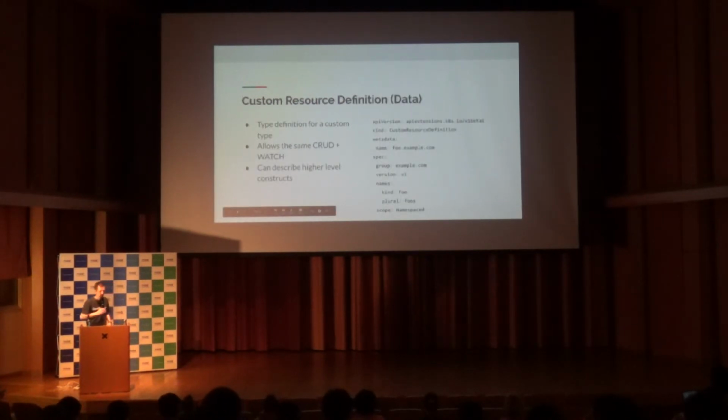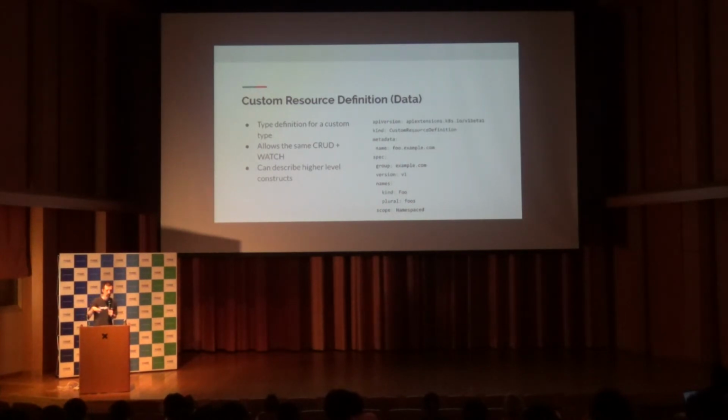So Kubernetes has built into it something called a custom resource definition. What this does is allow you to create a resource definition, which is essentially a new type in the API server. This declares a new type that the API server is going to be able to use.